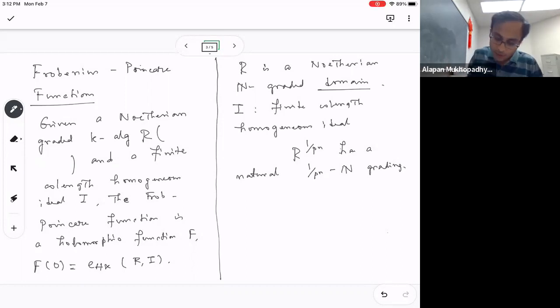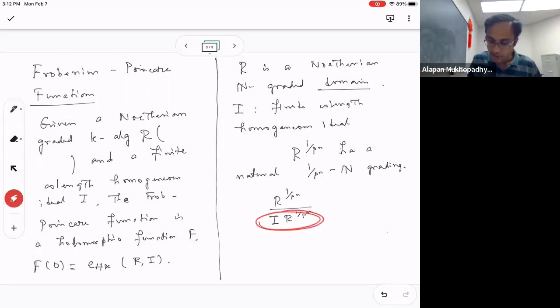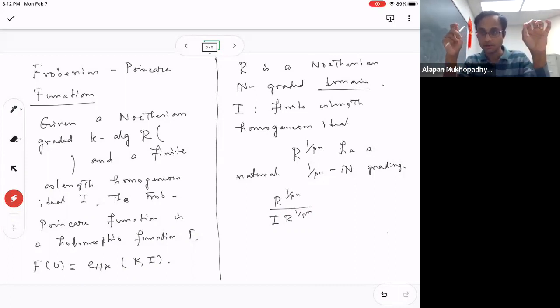If we look at the following object, R^{1/p^n} mod I times R^{1/p^n}, by this I just mean the extension of I into this ring, this also has a natural 1/p^n grading. So I can look at its Hilbert series. But when I take the Hilbert series, I also allow for the rational powers of the variable t.